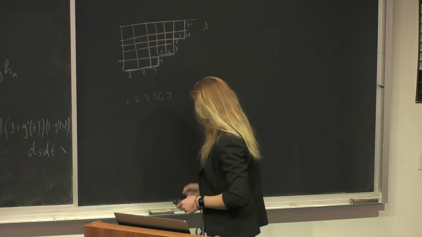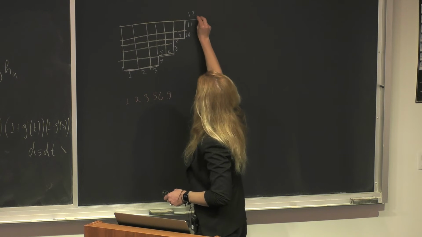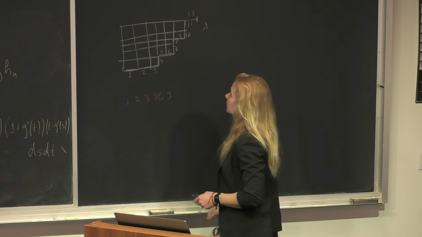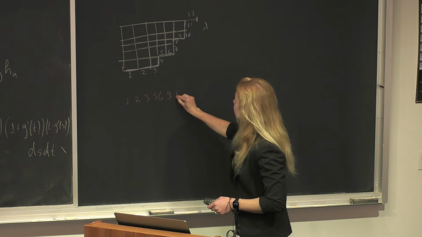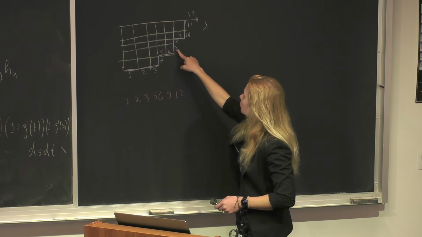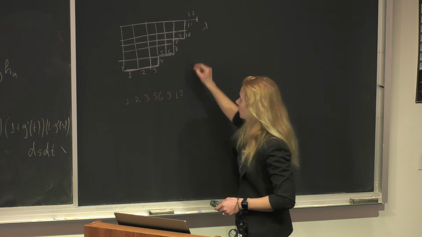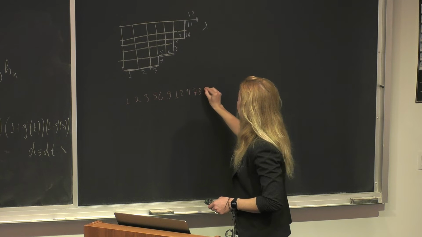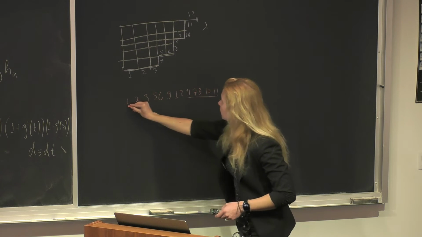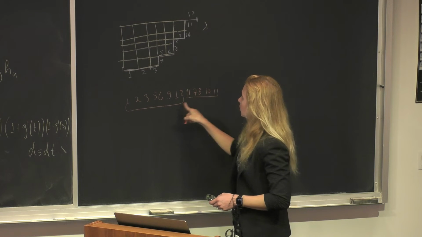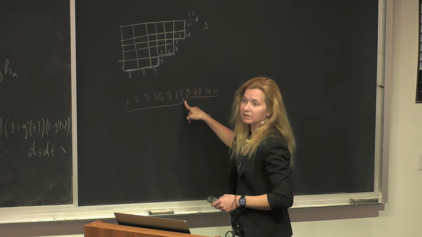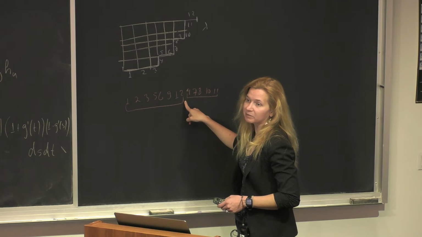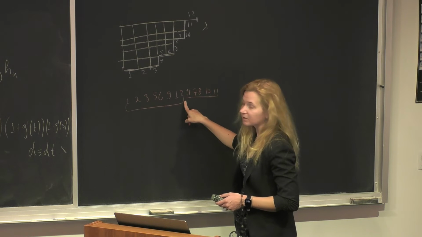I don't know, maybe we have a 12 here. It depends on how large. There is an n here as well. Let's say 12. And then we're going to read the other steps: 4, 7, 8, 10, 11. So we have a permutation which has two increasing subsequences and a descent here. This is what's called a Grassmannian permutation. It has only one descent.